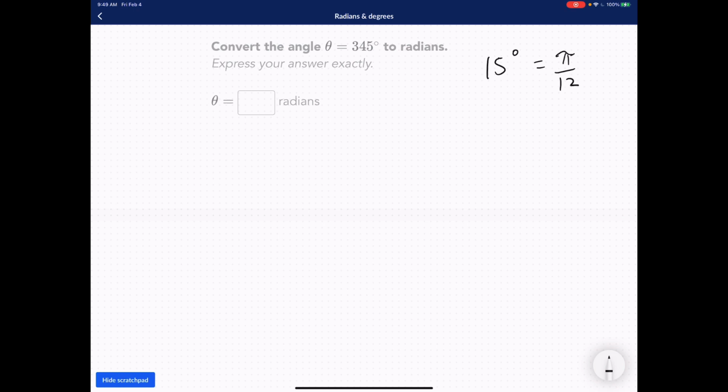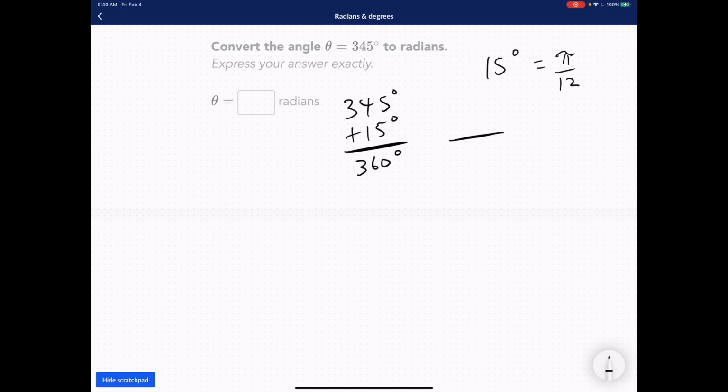That's what we said. If that is the case, then we know that if we just add 345 degrees plus 15 degrees, it is equal to 360, right? So we just need to get 2 pi, which is 360.